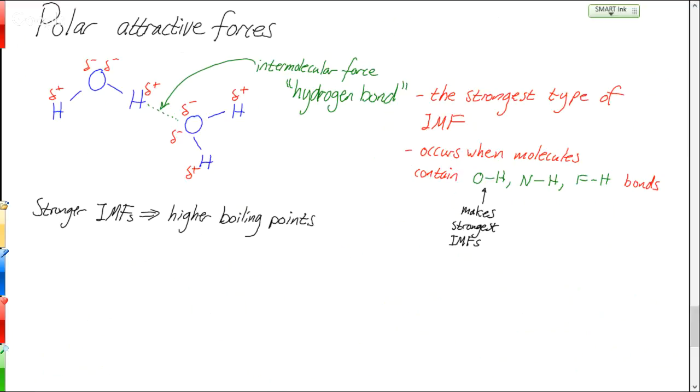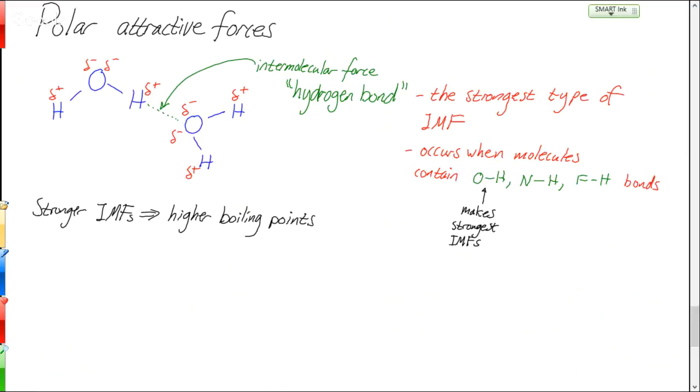What are we doing to the molecules when we boil them? You're tearing the molecules apart. So when you boil something, you're not breaking the covalent bonds. When you boil water, you still have water. It's just water vapor, right? You're just changing the state. So you're not breaking the covalent bonds. You're breaking the intermolecular forces. You're separating the molecules from each other, spreading them out. So the stronger those intermolecular attractions are, the more energy it takes to boil something.